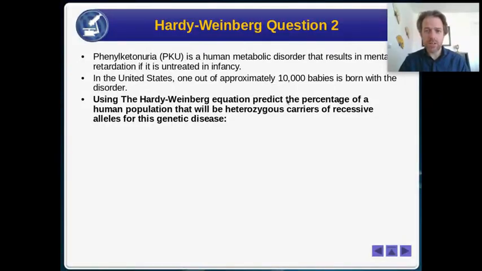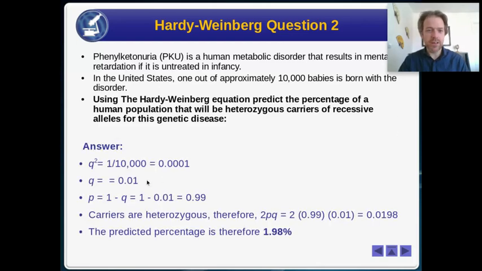Using the equation, predict the percentage of the human population that will be heterozygous. So once we identify 1 out of 10,000, 0.0001, we get our q squared value.